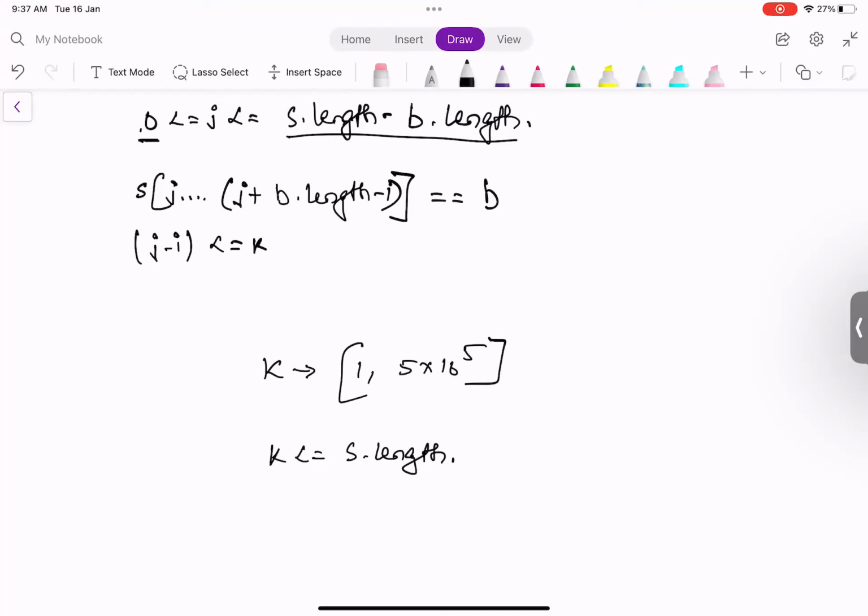Coming to A.length and B.length, both will be in the range of 1 to 5 times 10 to the power 5. And it is also given that string A, string S, and string B all contain lowercase English characters. These are the constraints.